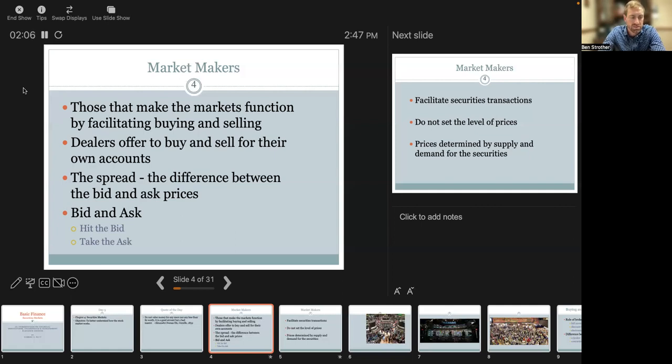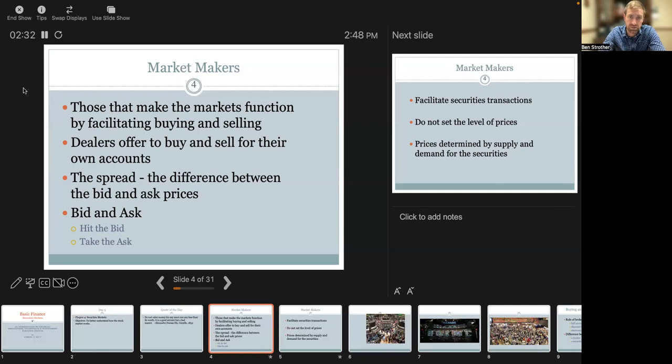And what the market does is it matches buyers and sellers. And so there's these people out there who are willing to take all of the people willing to buy and all the people willing to sell, and they're going to try to match those buyers and those sellers. It doesn't always work perfectly, though, because sometimes people are in the aggregate going to ask for a little bit more when they're selling, or they're going to want to buy a little bit less.